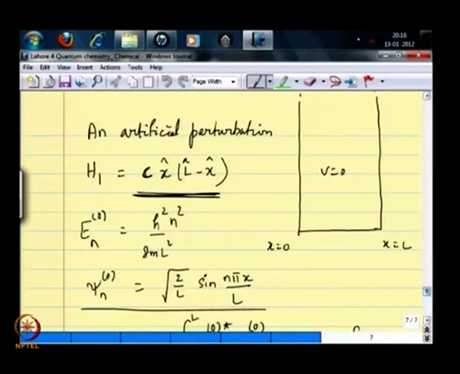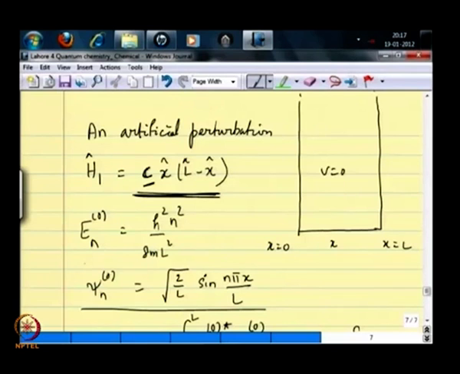That is the box problem in which a potential, a Hamiltonian H1, is introduced with a small constant C such that the potential varies as x times L minus x, where x is the position coordinate of the particle in the box associated with the particle wave function.